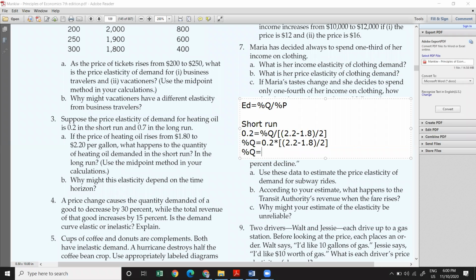So in the short run, if you calculate, you should get 4%, okay, 0.04, or we can just make it 4%.